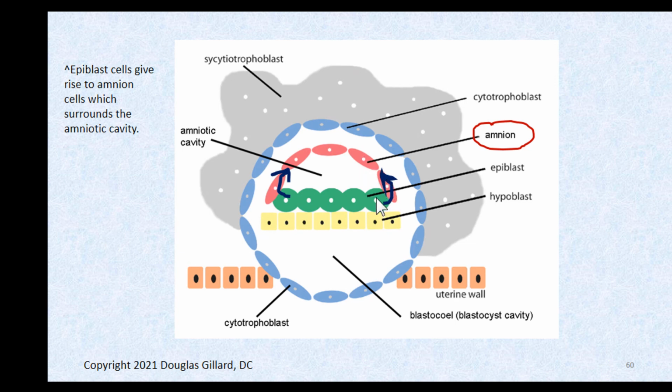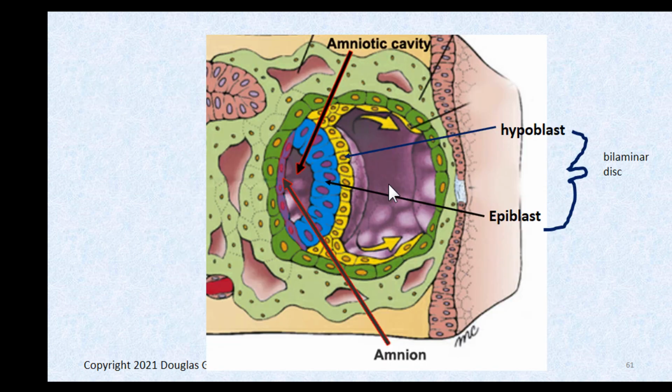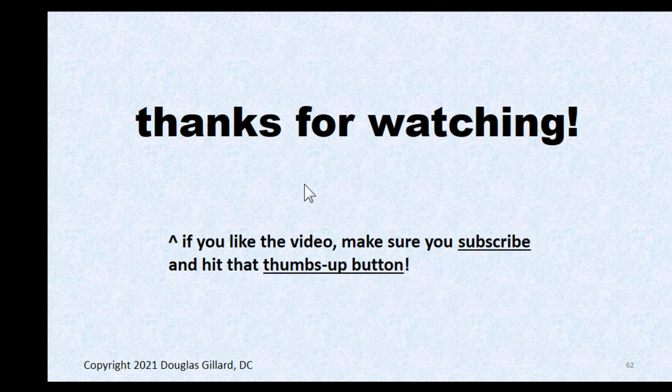They go through mitosis again, and these are all pushed forward. So pretty soon, this amniotic cavity is lined by amnion cells, which secrete amniotic fluid, which is super important for human development. And yep, there's another picture of it.